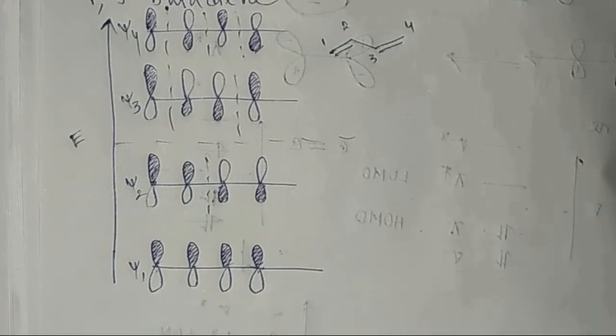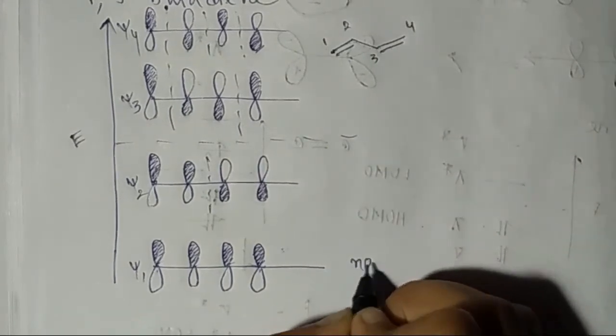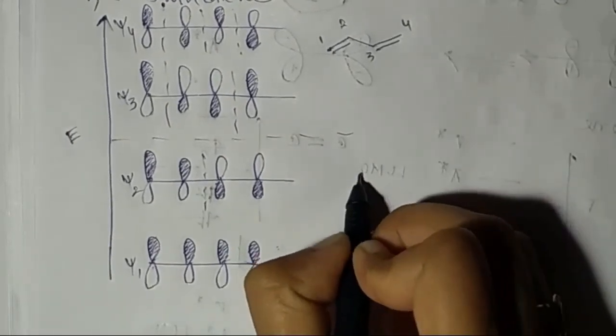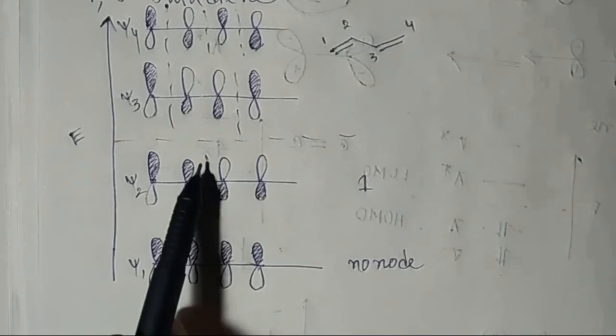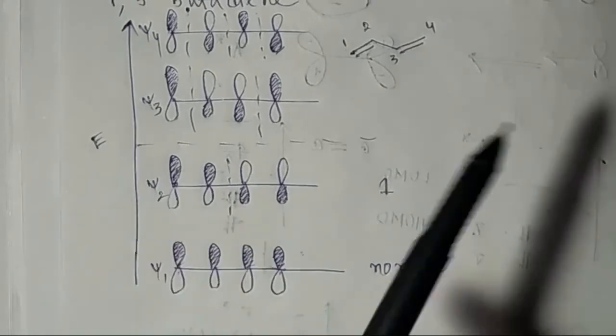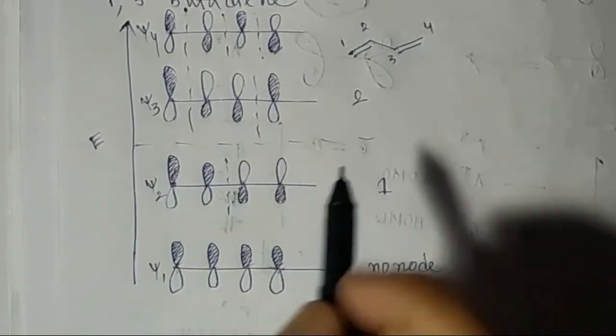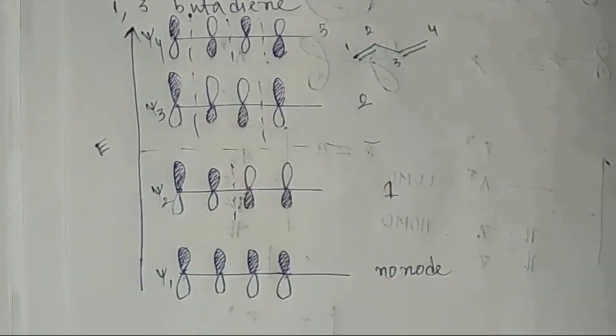So for Ψ1 there is no node, but for Ψ2 there is one node, and the node is along this axis. For Ψ3 there are 2 nodes. For Ψ4 there are 3 nodes.